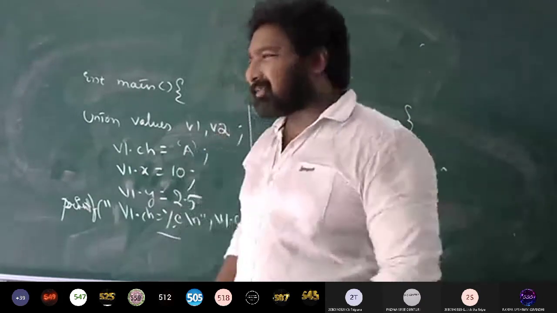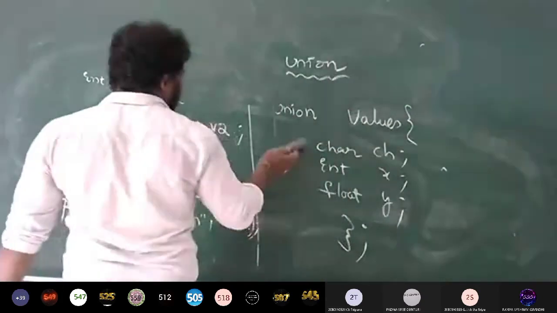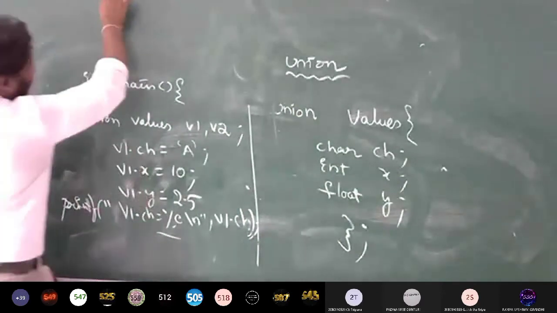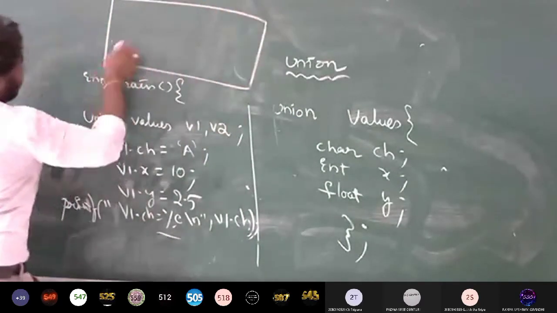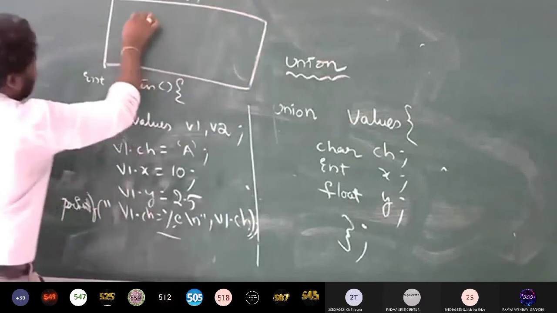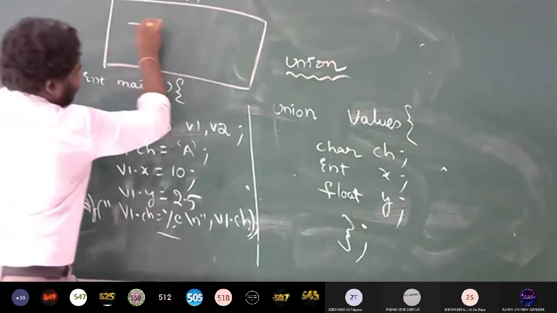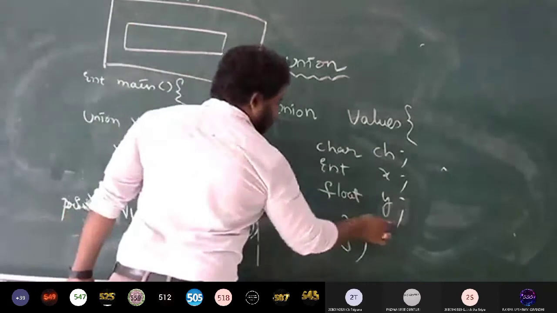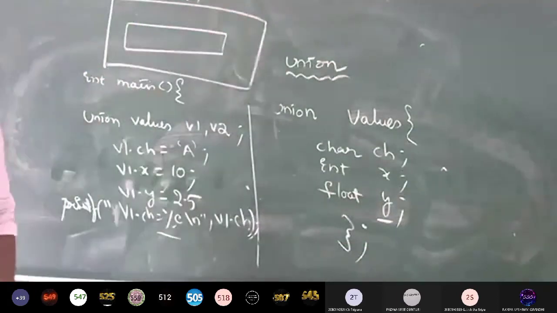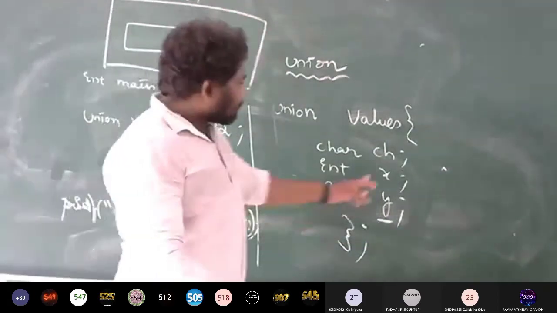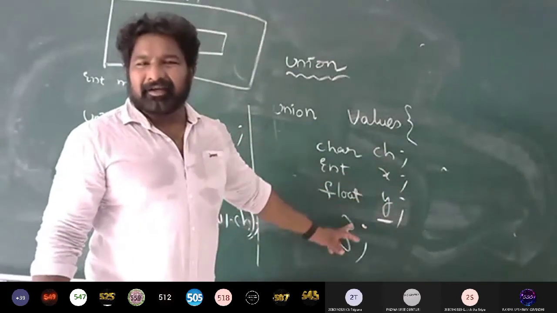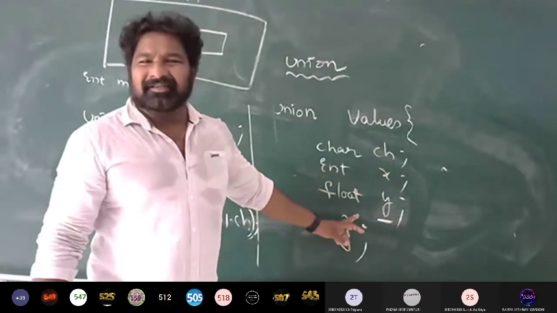But the logic is, what is the logic? If this is v1, y is the largest member. This is character, this is integer, this is float. Out of these three, which is the largest in size?